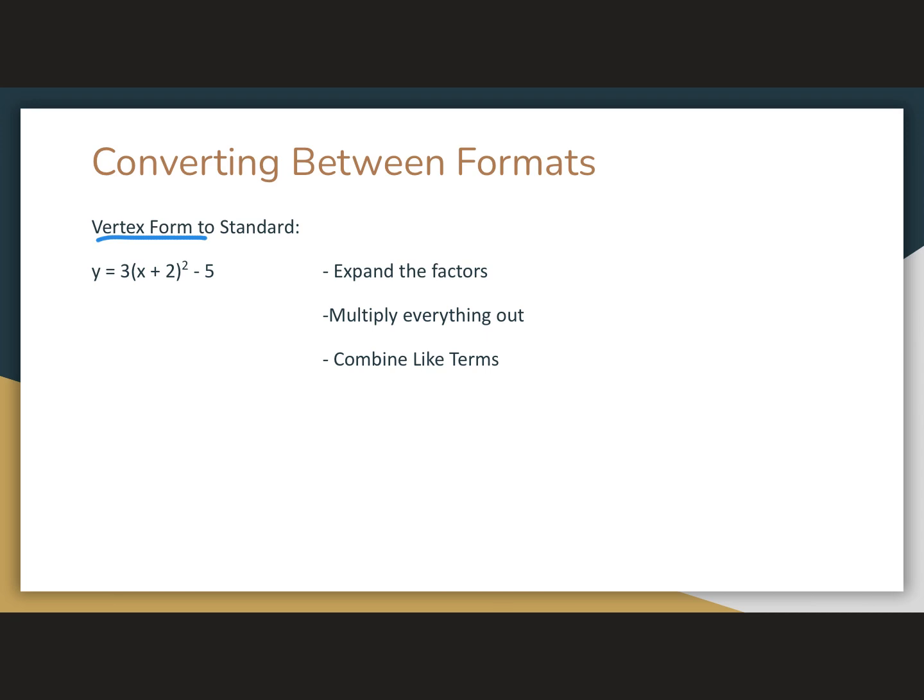First, we're going to expand the factors. What does that mean? You'll notice this x plus 2 is squared. We're going to rewrite this as y equals 3 times x plus 2 times x plus 2 minus 5. Next, we're going to multiply everything out.